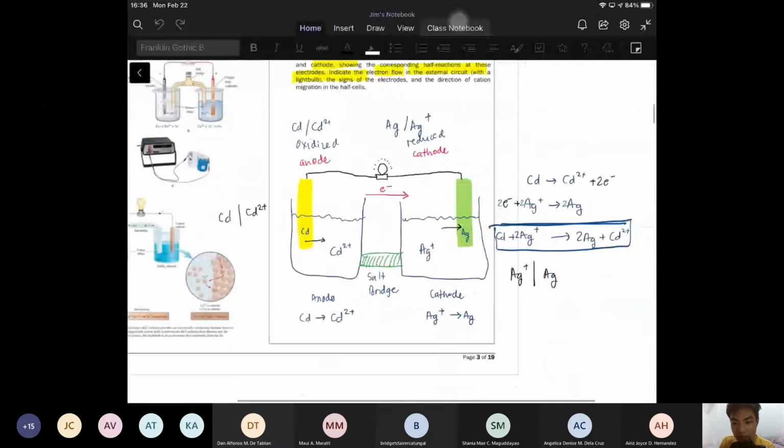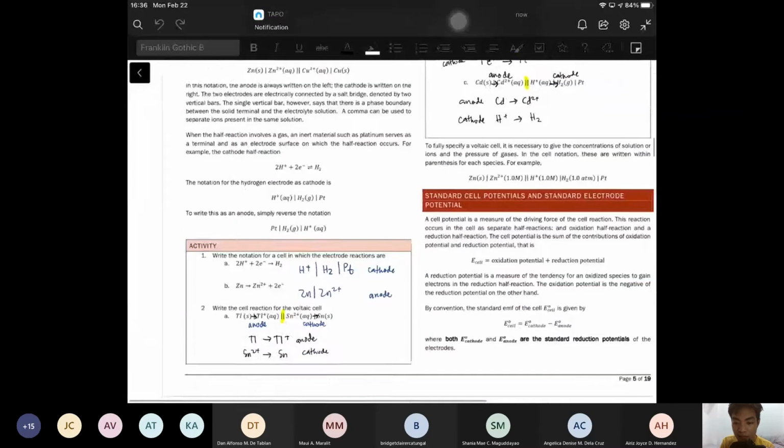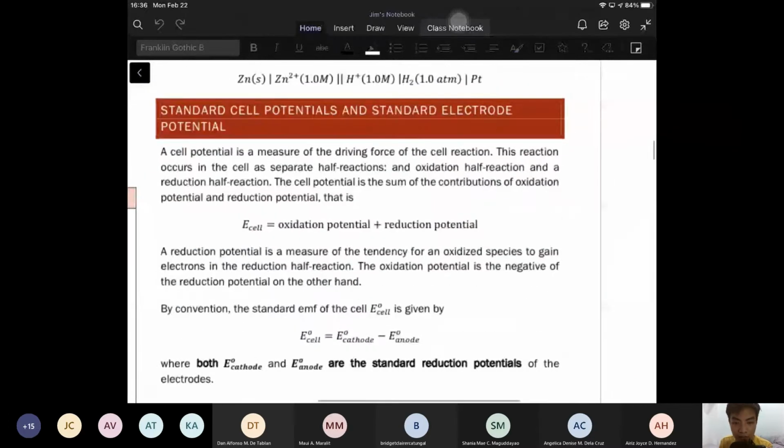You can use those ideas to actually calculate how much electricity or voltage can be generated by your cell. Suppose we have a battery in a cellphone, a laptop, or a car. You can actually compute the voltage it can produce by just determining which species undergo oxidation and reduction.